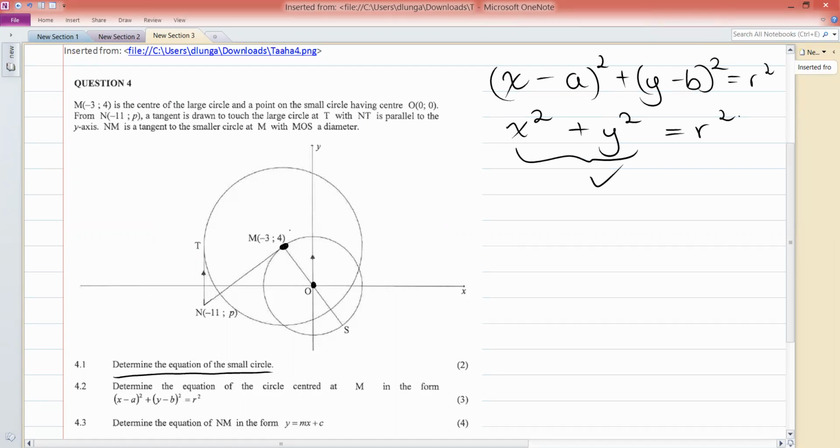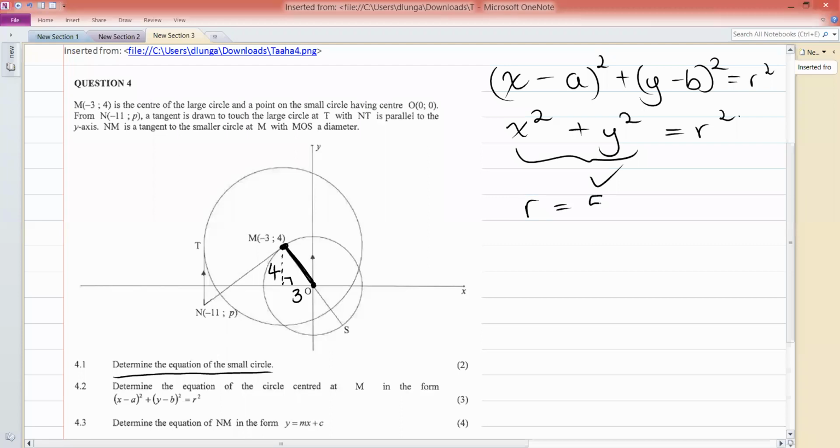Now, look at this point. We can find the radius by using Pythagoras, but we also know by now that if you have a 3, 4 there, that means this is a Pythagorean triple. So your radius would then be equal to what? Just by looking at it, what would your radius be equal to? 5.